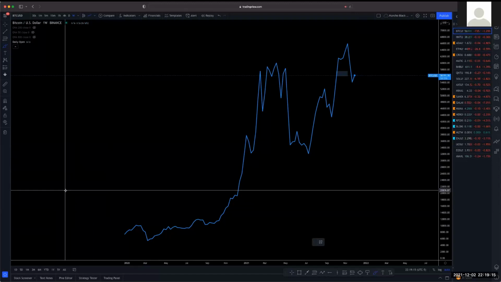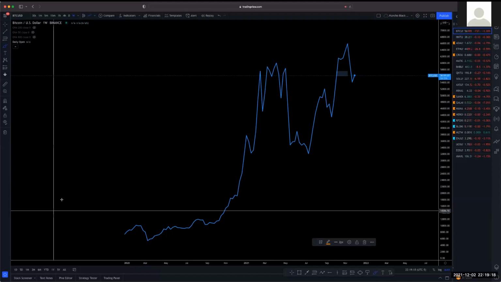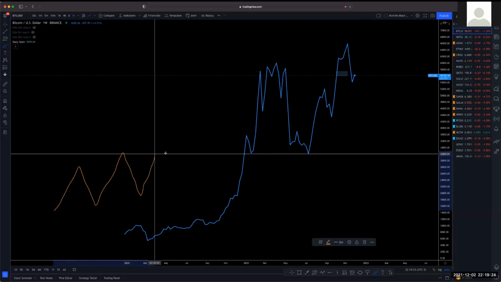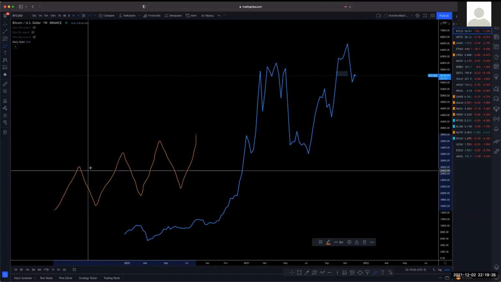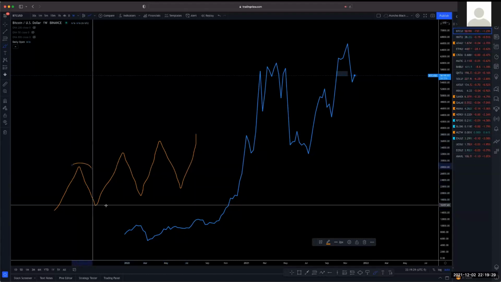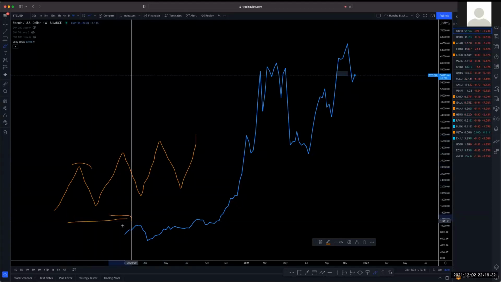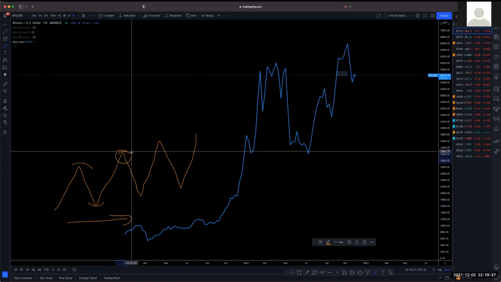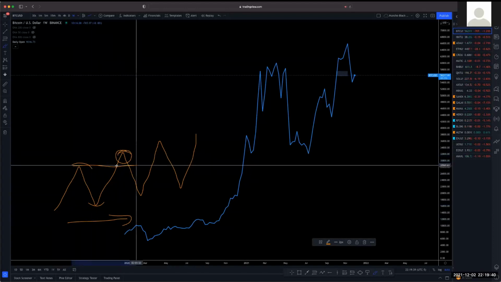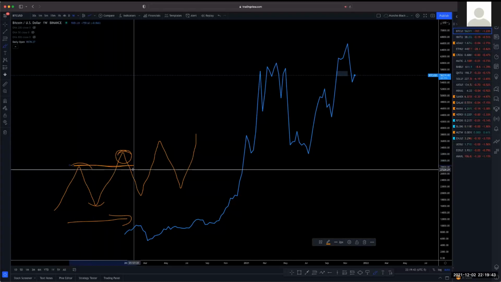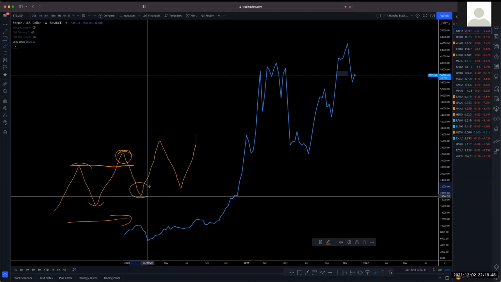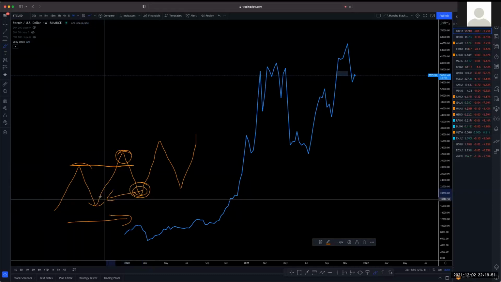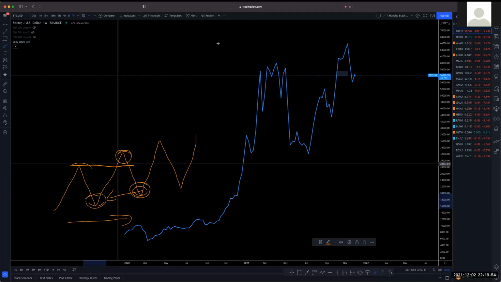For basic structure, higher highs and higher lows are a series of market data that are creating higher price action as time goes by. We're creating higher highs that come above previous highs, and we're creating higher lows that are respecting previous lows.